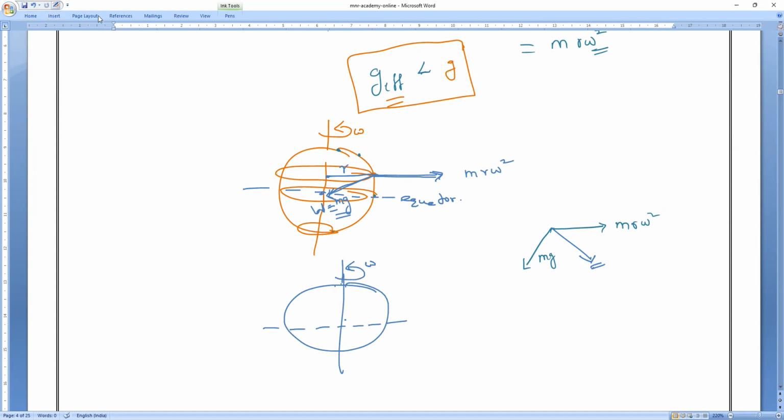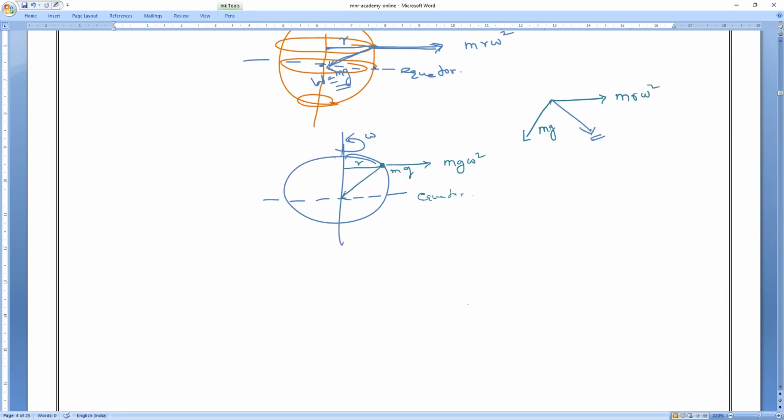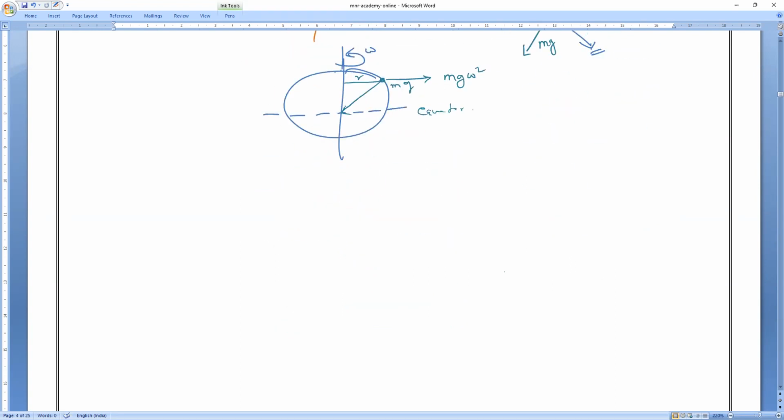Let me choose a point, with mg as the weight of the object acting towards the center, and the distance from the particle to the axis of rotation is r. The centrifugal force is m r omega square. So how to find the resultant? That is the question, that is G effective.